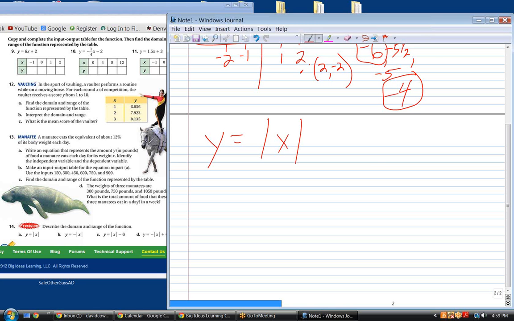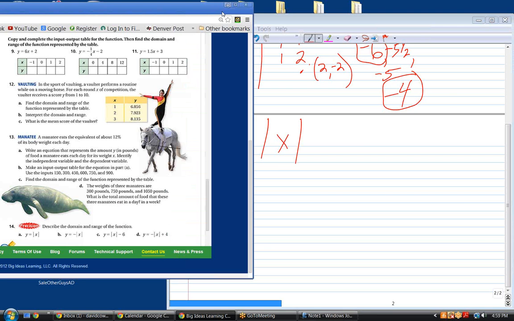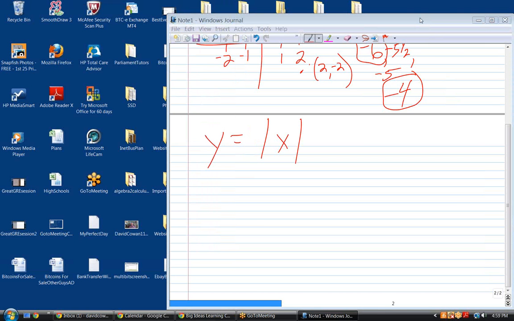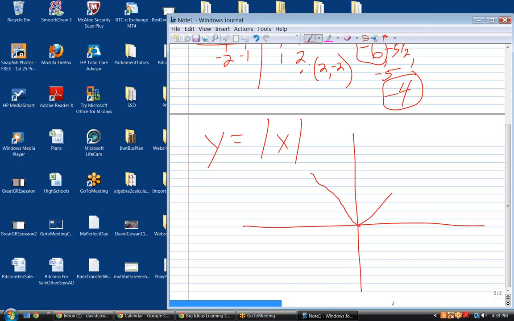Now we're talking what I was talking about in the beginning. Now we're talking about a continuous function. And I'm going to graph this function. And of course it goes to infinity in both directions.